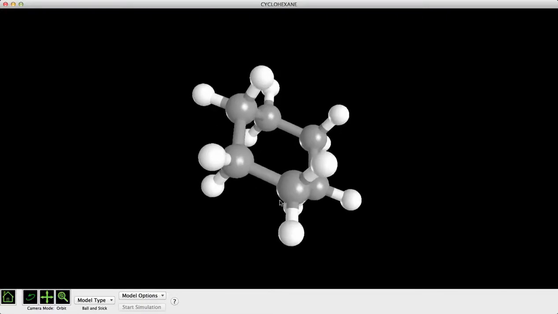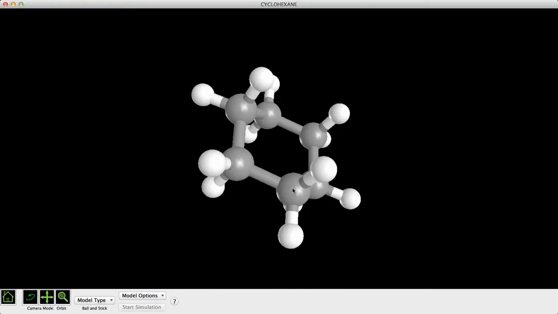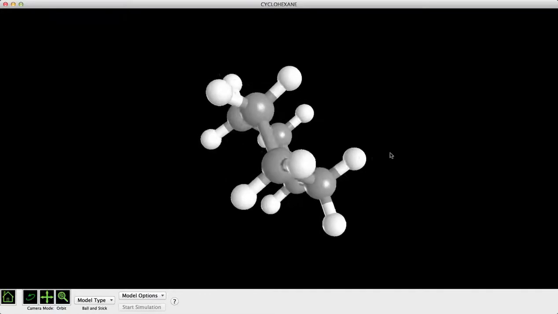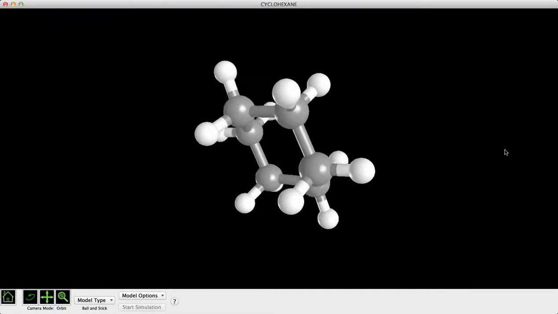and I want us to look down the C2-C3 and C6-C5 bonds simultaneously. To do so, I'll need to rotate the molecule.